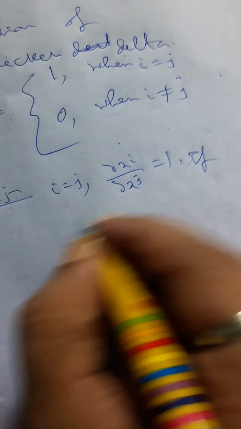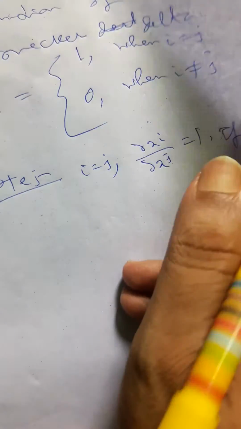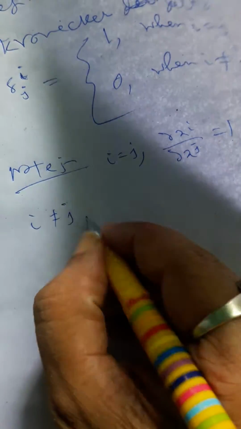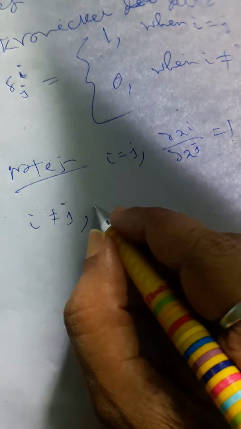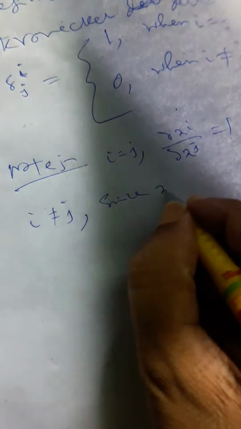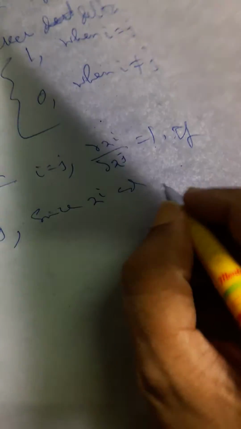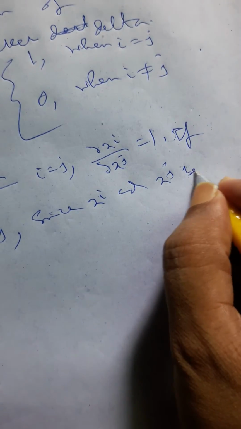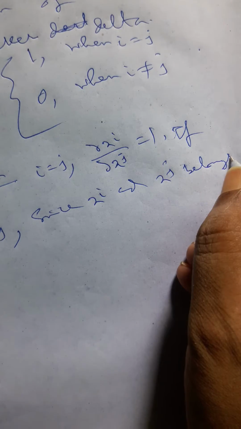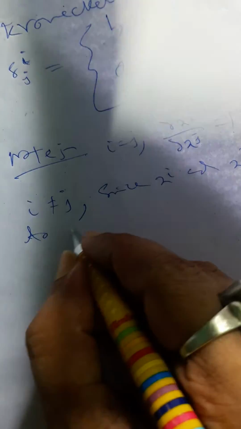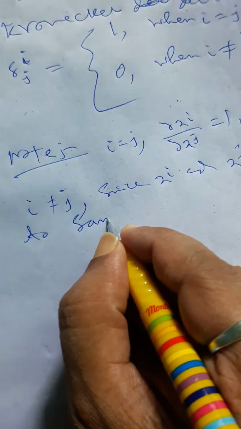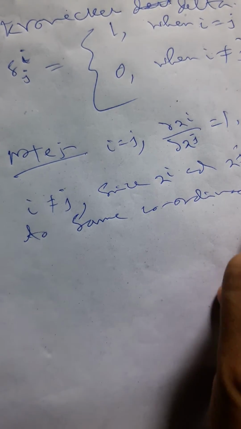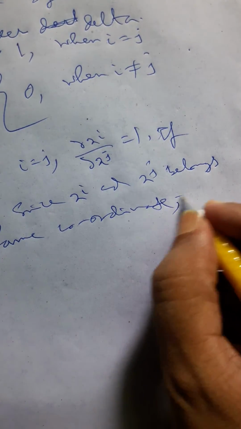If i is not equal to j, then since xi and xj both belong to the same coordinate system, they are independent.